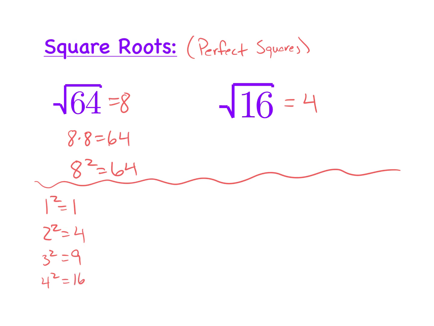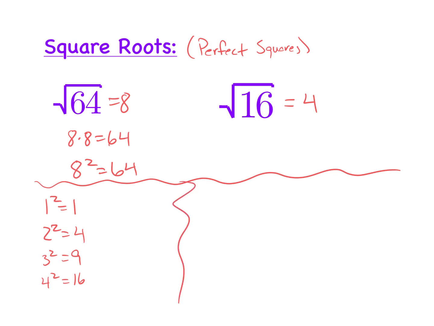Y'all finish the rest of them. 5 squared, what do you get? 25. 6 squared? 36. 7 squared? 49. 8 squared? 64. 9 squared? 81. 10 squared? 100. 11 squared? 121. 12 squared? 144. Any questions with that?